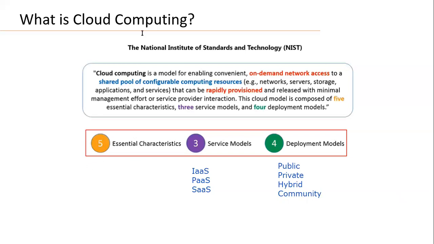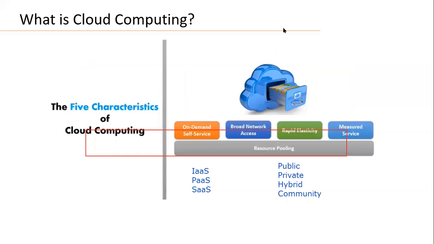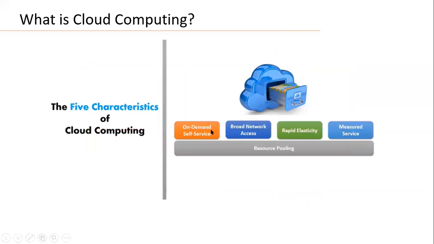Five essential characteristics are there. We'll talk about them in detail, just very quickly here. On-demand self-service: we have seen, we can create our resources on our own. Broad network access: from anywhere we can access the resources, servers, databases. Rapid elasticity: we have seen scale up, scale down, we can implement at any time. Measured service means that depending on usage only we are going to pay.